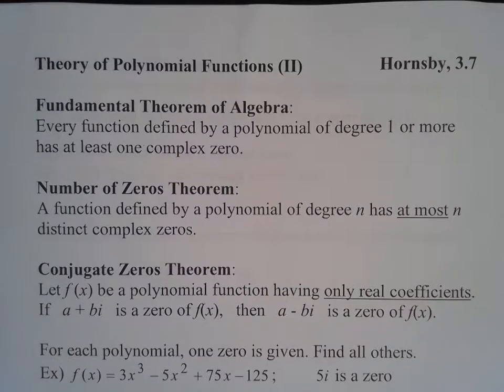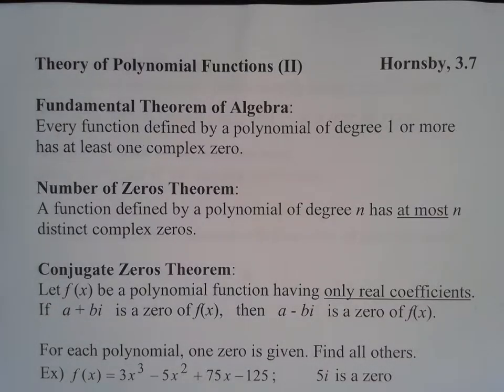Okay, so let's start with the fundamental theorem of algebra. It says that every function defined by a polynomial of degree 1 or more has at least one complex zero. Keep in mind that a complex number, or the set of all complex numbers, also includes real numbers.